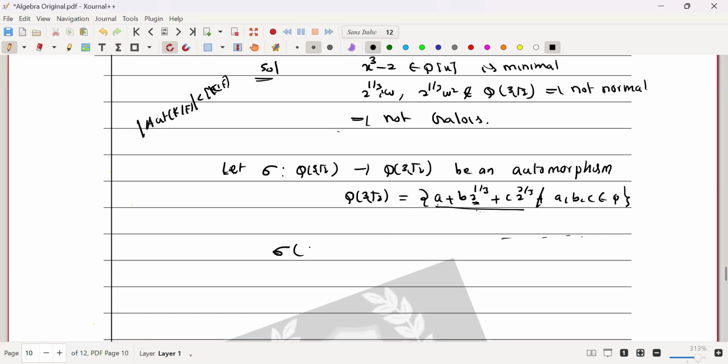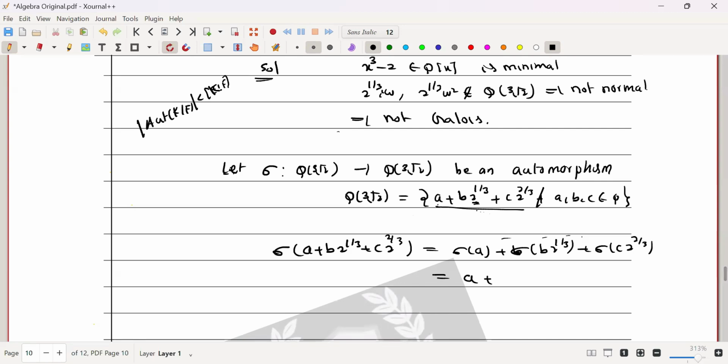So sigma of a plus b into 2 power 1 by 3 plus c into 2 power 2 by 3 is equal to sigma of a plus sigma of b into 2 power 1 by 3 plus sigma of c into 2 power 2 by 3, where a, b, c are rational numbers. So images of rational numbers are the same.